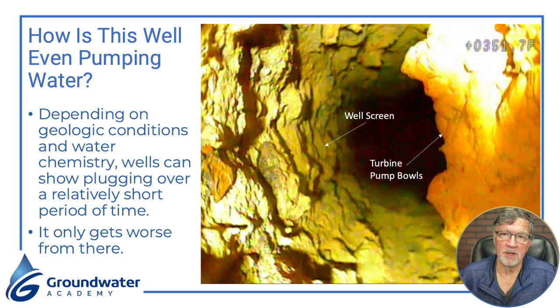These are calcium carbonate deposits here, and probably some iron mixed in there as well, and they can be deposited fairly quickly. But you never know that from looking at the surface. It's even amazing that this well is pumping any water at all. Somehow water is finding its way through, but the pump actually failed shortly after we did this video, probably not coming as any surprise if you're looking at this picture.